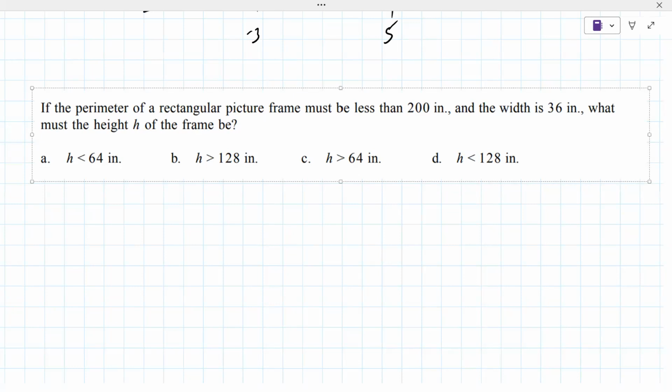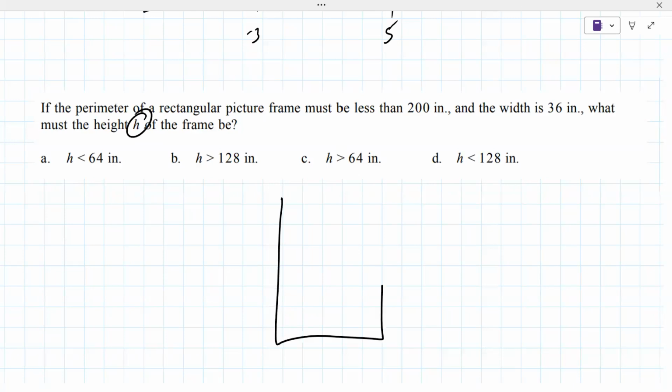And P must be, should be P plus 72 must be less than or equal to 200, or just less than 200. It's asking about the height, though. Make sure to use those letters. There's the height, there's the width. So the width is 72.